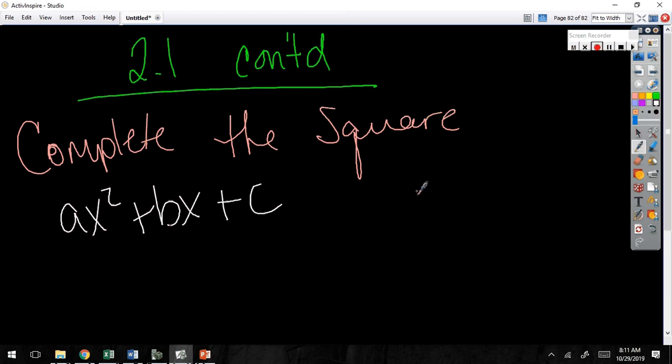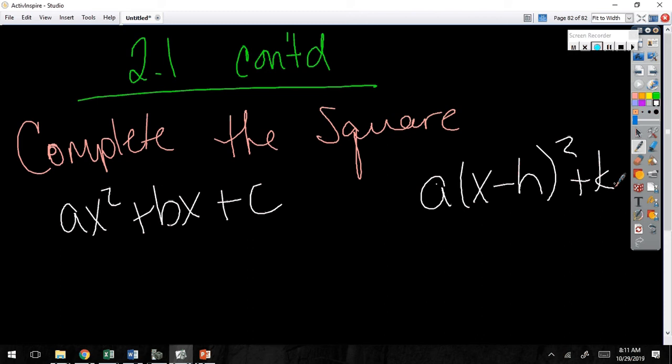And then vertex form, and we did all this on Friday where we graphed in all three of these forms. Looks like this. So what we're going to do is complete the square, but in a slightly different way than what we did when we solved, so that we can make our equation look that way, okay? All right, let's do it.